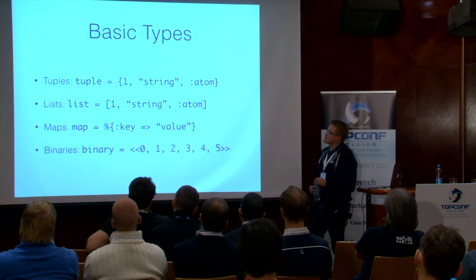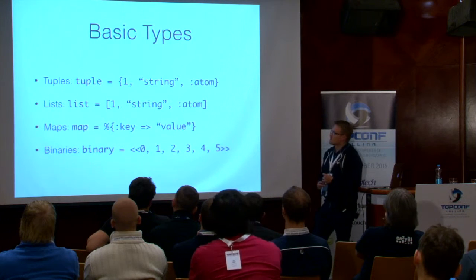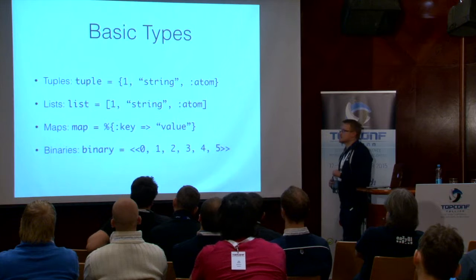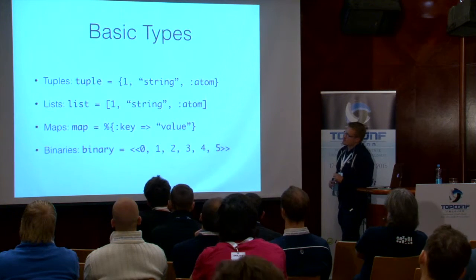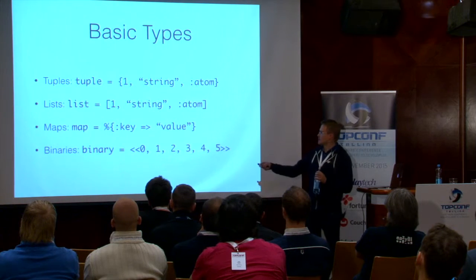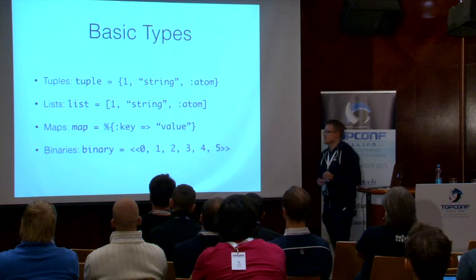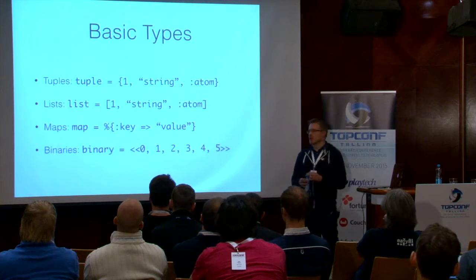About collection types used in Elixir, we have tuples, we have lists, we have maps, and we have binaries. Again, pretty straightforward stuff. Probably the not so common data type is binary. It comes from the Erlang side.